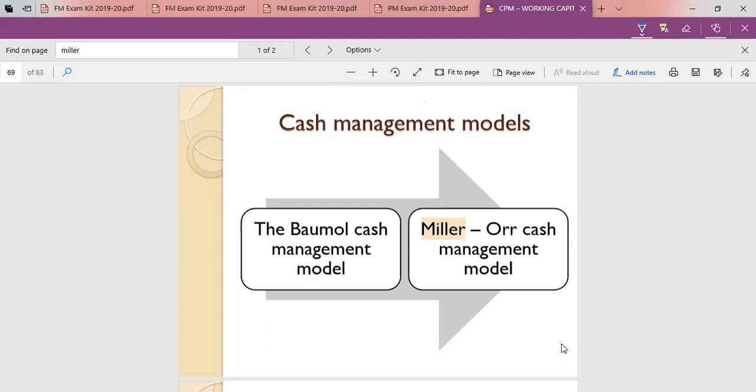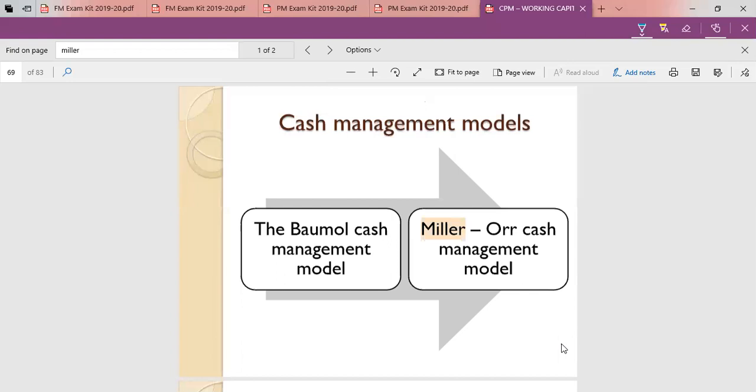Also some unforeseen things or contingencies which may arise in future, as a precautionary measure, they can maintain a certain amount of balance. And too much cash balance is also not to be maintained, because it can affect their profitability. So how much cash has to be maintained?